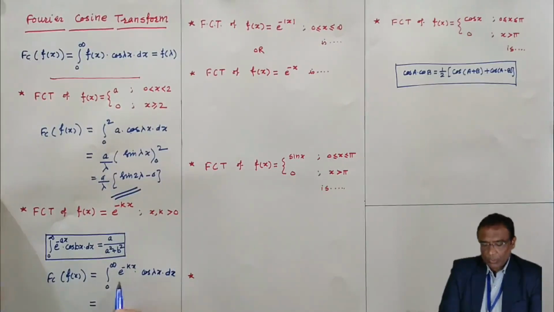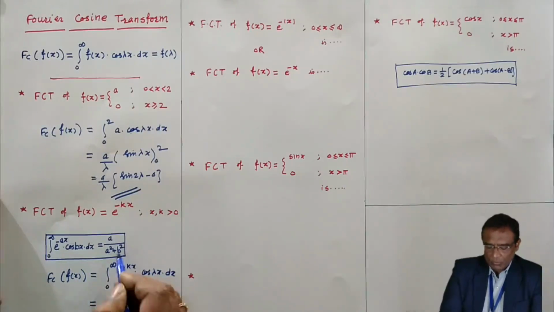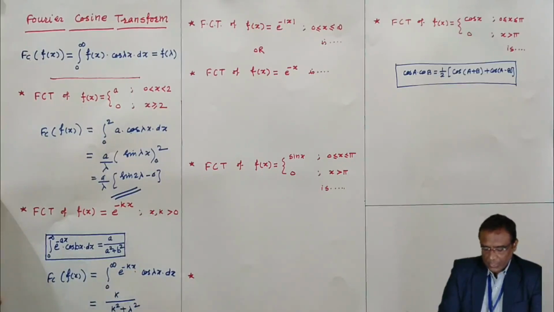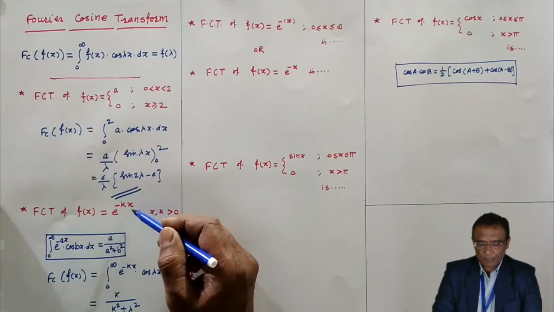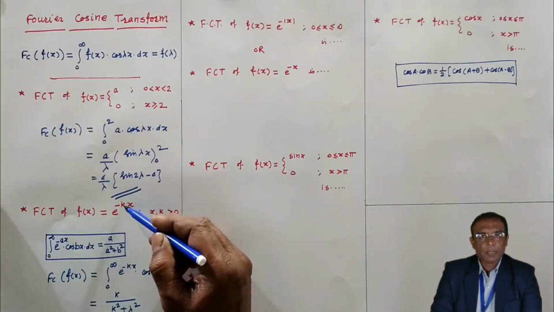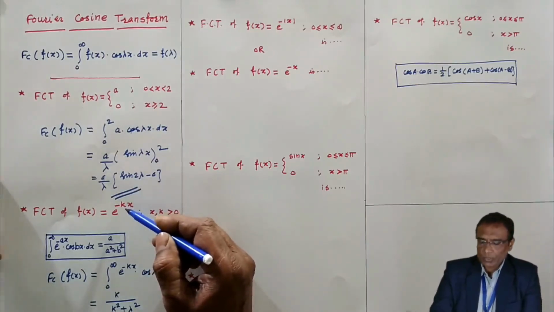Now, in order to evaluate this integral, use this formula directly. Here a is k and b is lambda. The a by a squared plus b squared. In a single step, we found the Fourier cosine transform of this function. In examination, k may be replaced by any other fixed constant.